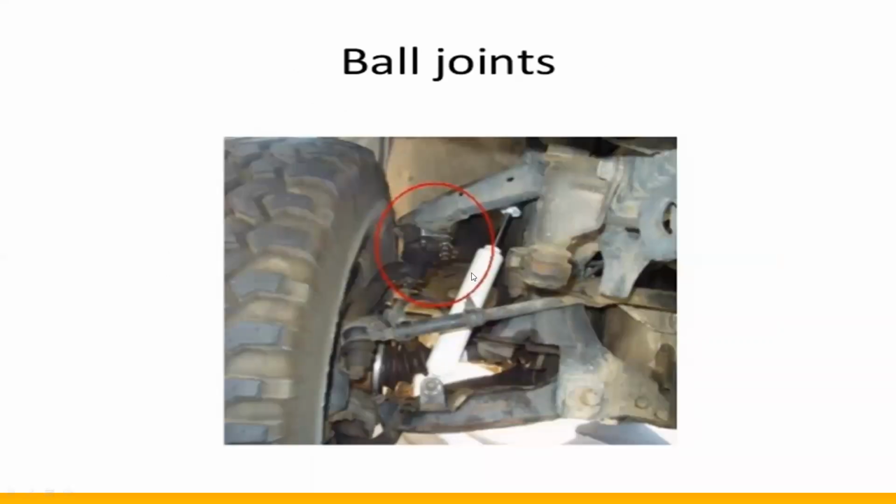You can see the ball joint location. It is the wheel, and in that wheel is the steering arm. In that steering arm, you can see the ball joint location in the red marked circle. It gives the suspension to the vehicle.